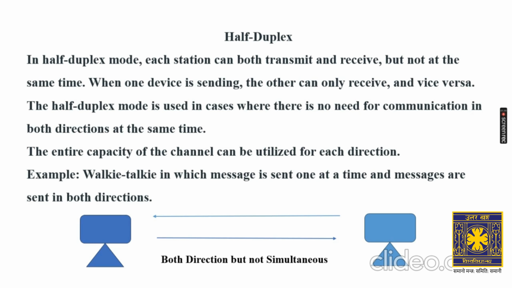You have to speak, then say over and push a button, and only then will the other person be able to speak. Again that person has to say over and push a button. So this is a very good example of half duplex mode of communication, where communication is possible in both directions but not simultaneously.